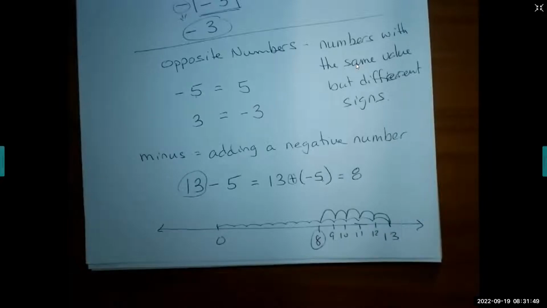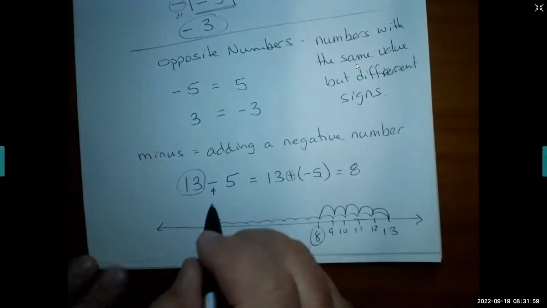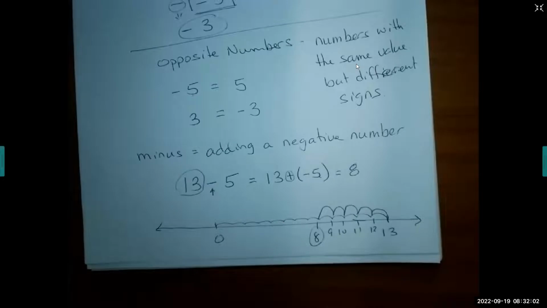Have you all seen this before? Everybody has. So whenever you see a negative sign, it simply means change direction and go that many spaces. Go 13 miles and then come back 5 miles.